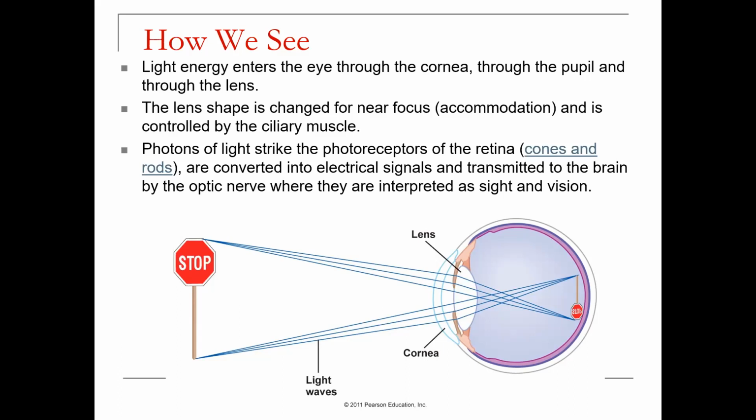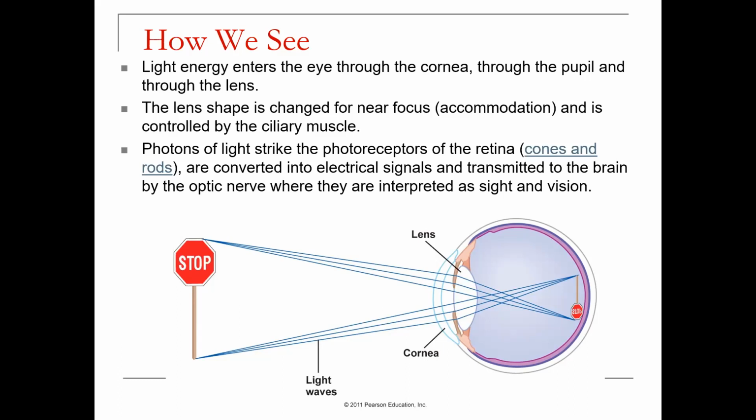The rods are going to respond to shades of gray and dim light, and the cones are going to deal with color and visual acuity. We are more sensitive to color vision and detail with the cone photoreceptors. The rod photoreceptors allow us to pick up movement and function very well in dim light.